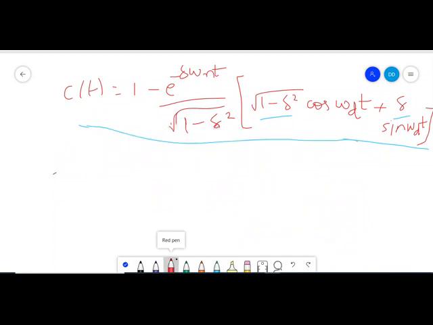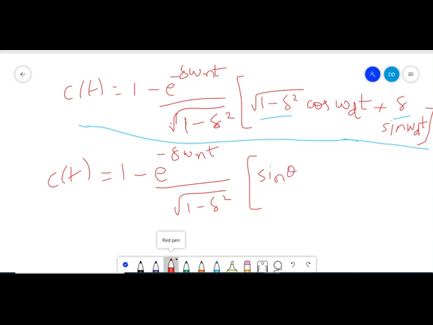So we get C of t equal to 1 minus e to the power minus delta omega n into t divided by root 1 minus delta square into sin theta cos omega dt plus cos theta into sin omega dt.